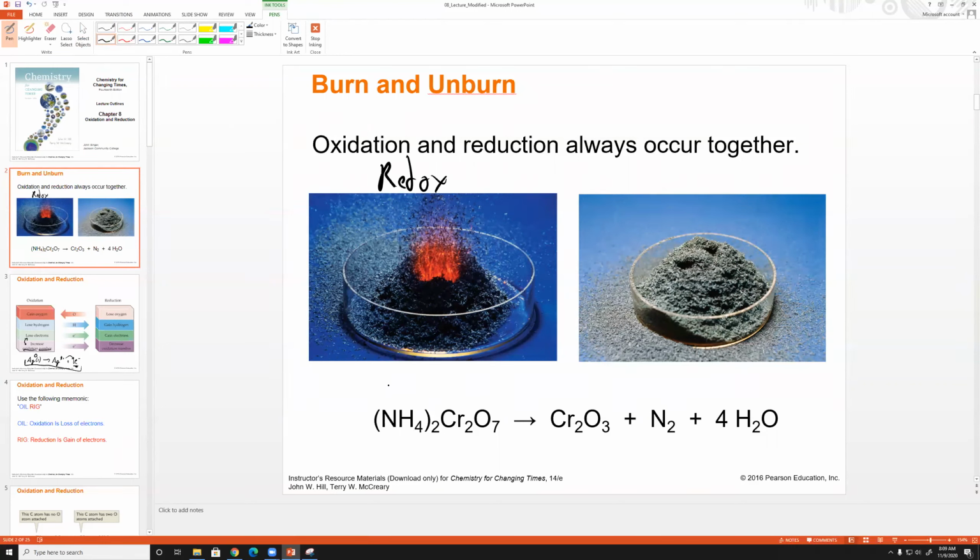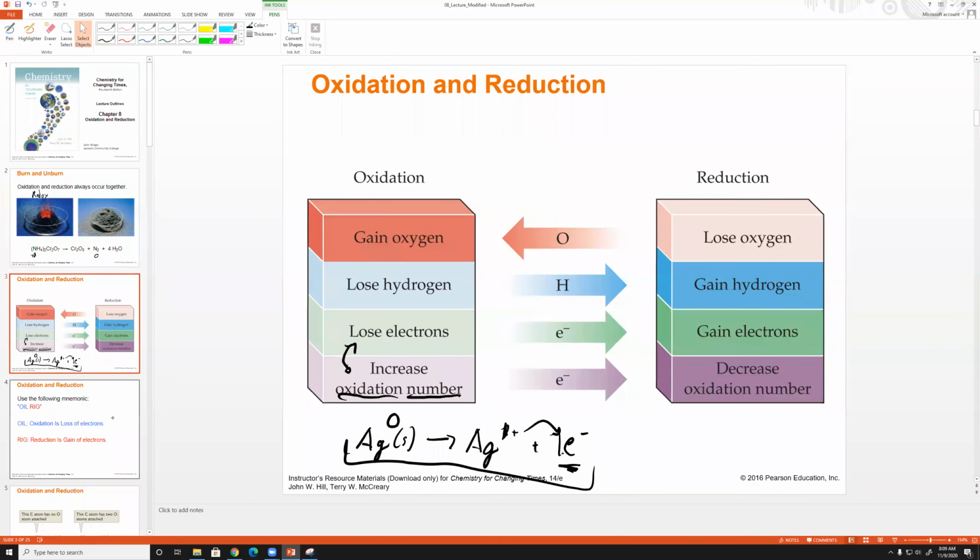This is a very complicated redox reaction where the nitrogen in this case is a -3. Over here, it's 0. So then it gets oxidized. But how do I figure that out? It's difficult. There's a lot of math involved. But we're not going to talk about that in this class. Okay. Any questions on that?